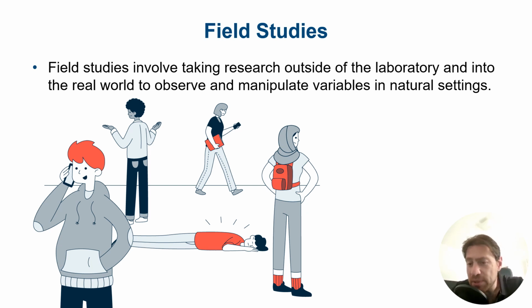And then they would manipulate different variables. For example, the number of people present, and see how actual observers, actual bystanders, would respond to this situation. A situation that's been contrived but feels very realistic from the standpoint of a person just walking by.